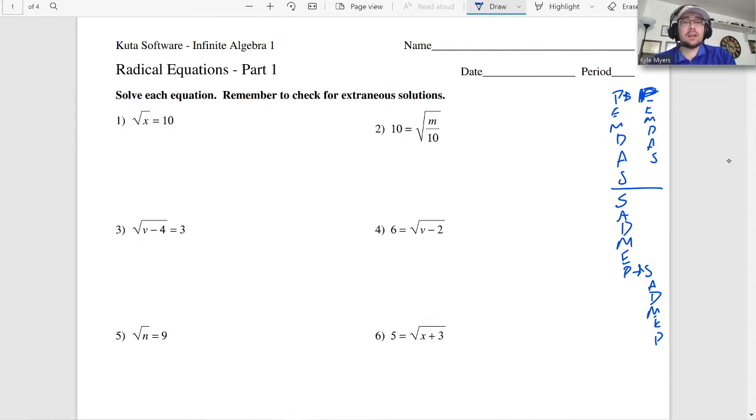Okay, so if all of this looks a little bit confusing still, and you're like, wait, PEMDAS, SIDEMAP, what's going on right now? There's another video on this, on simpler equations. When you're solving, let's say, one-step equations, that's when I really went in detail about what SIDEMAP is and how to use it. So if all of that is new and you want kind of a precursor step to this, I would check out the one-step equations video.